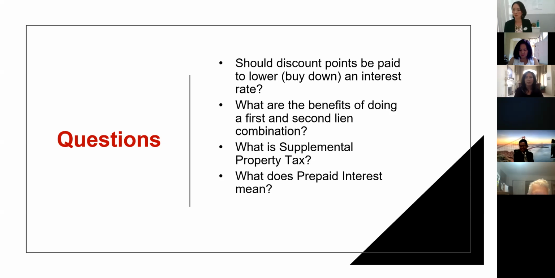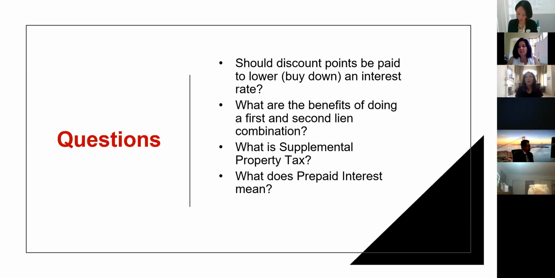Okay. So what are the benefits of doing a first and second lien combination? A lot of people in the past have two mortgages on one home, right? The first mortgage is normally a big loan amount, like 400, 500,000, and the second lien, meaning the second loan, normally has 100,000 or 150,000 in there.